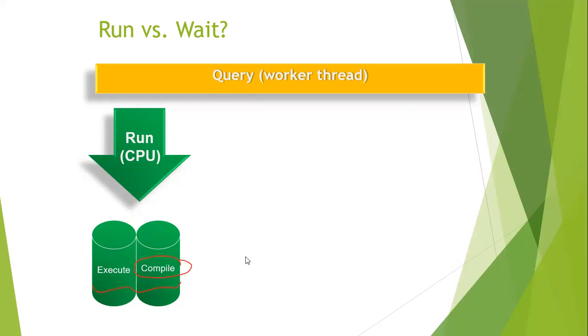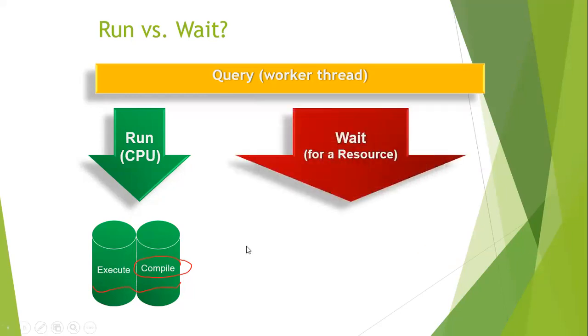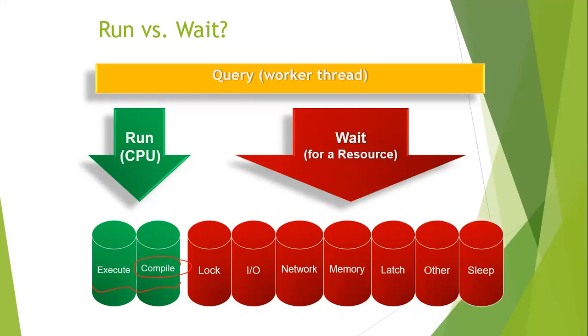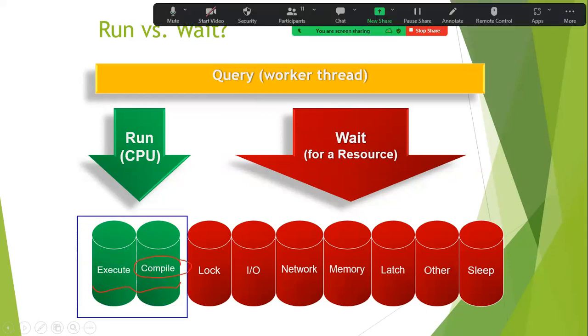Whereas if the thread is waiting for any resources, that is what we call a wait for some resources. It can be one of these, not limited to these. Any resources that we can consider, right? If the thread is not spending time on executing or compilation, we call it a waiter.